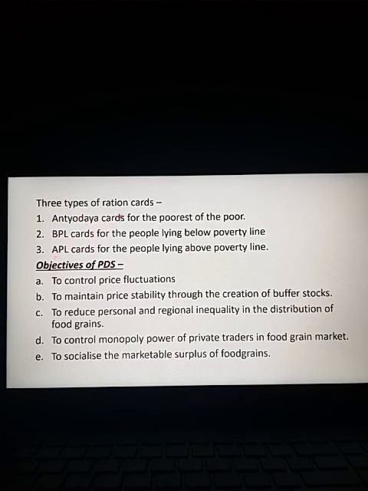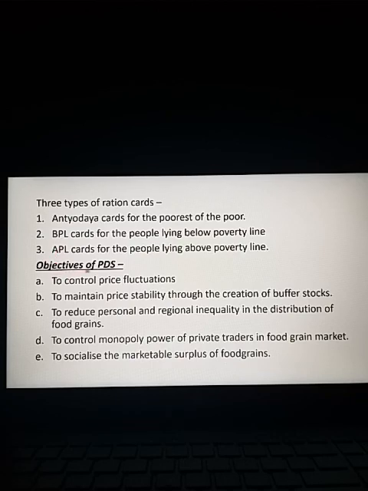The first one, Antyodaya cards, are issued to the poorest of the poor, that is, extremely poor, or let us call them the vulnerable sections of society. BPL cards are issued to the people who lie below the poverty line. APL cards are issued to the people who lie above the poverty line. This segregation will help the government to fix the prices for the grains.